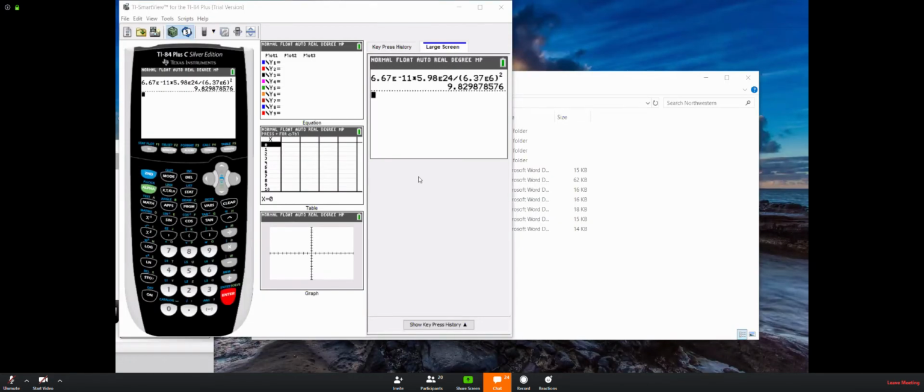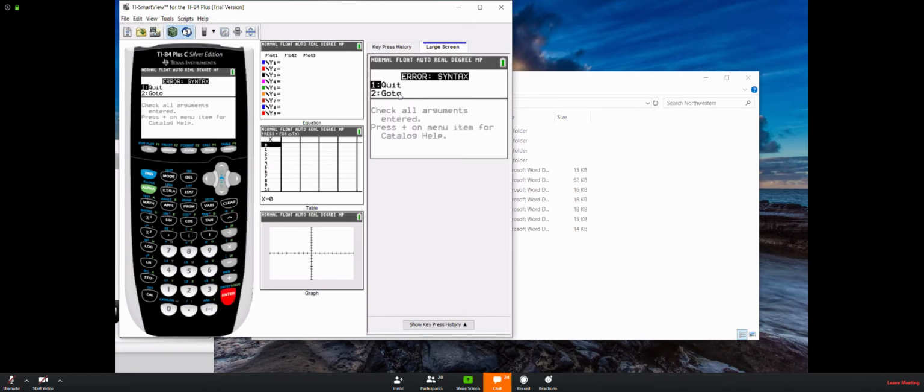6.67 times 10 to the negative 11 times, let's say 70 kilograms for a person. I'm going to round way up and say 15 kilograms for a chair. And then I'm going to divide by a distance of 2 meters squared. And I get, that silly negative sign thing again. Okay. Let me do one thing.